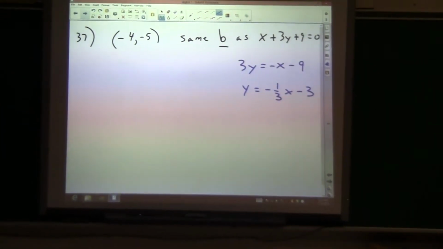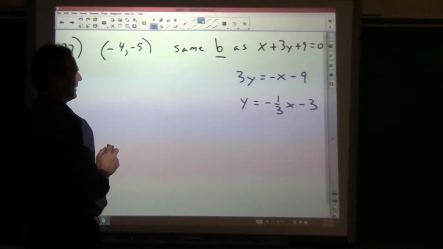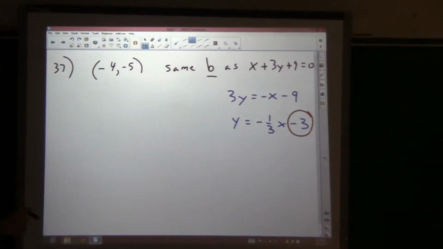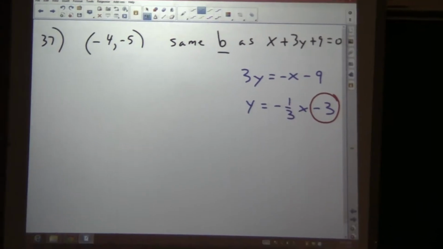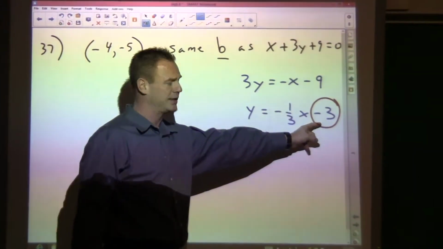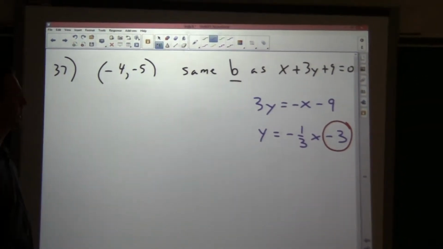Right? Next, I know that my b is -3, or my y-intercept. The line that I'm trying to find goes through that y-intercept and contains this point. All right?